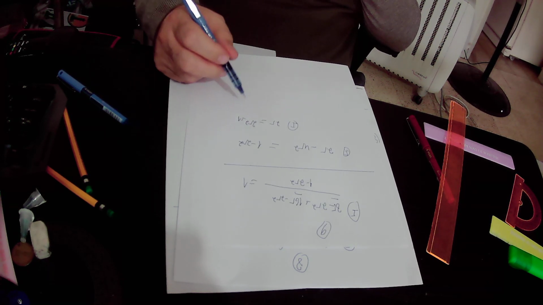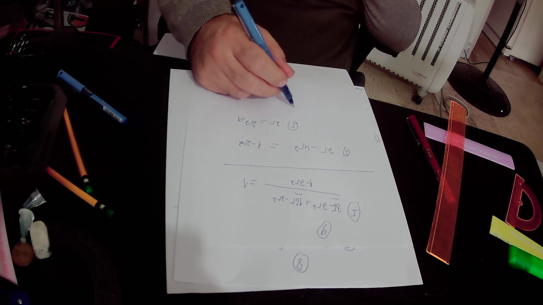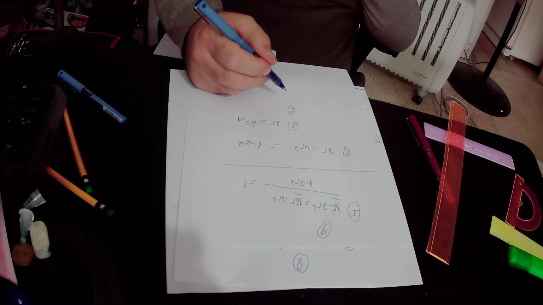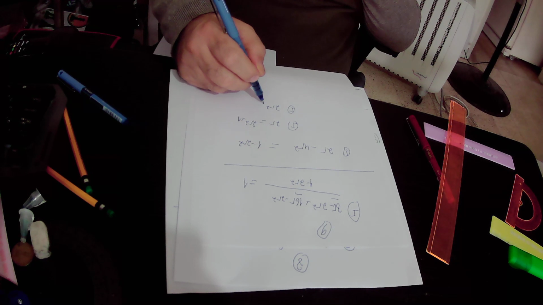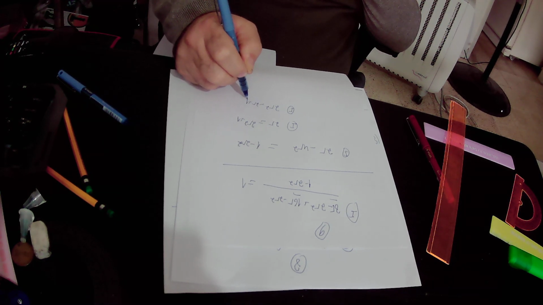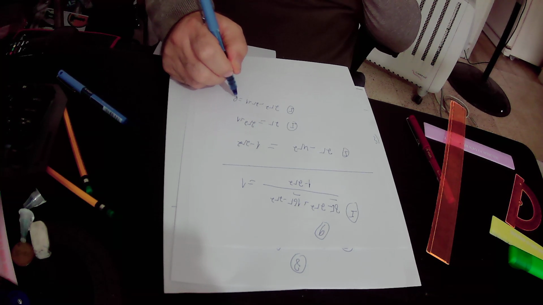We will subtract from this equality 2R, and we will get the quadratic equation 2R squared minus 2R plus 1 equals 0.